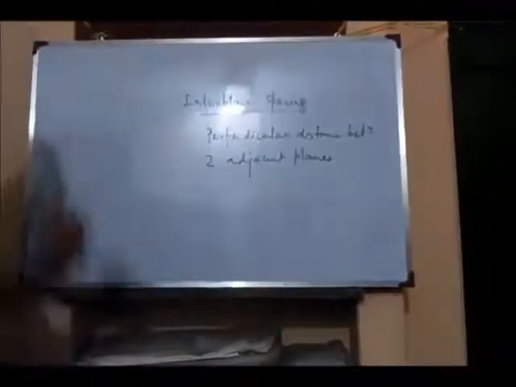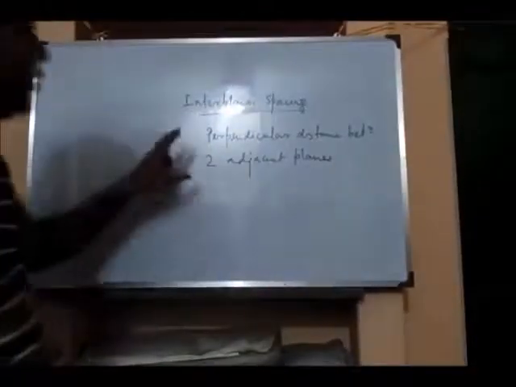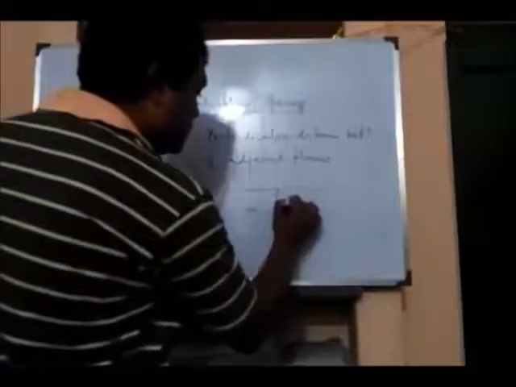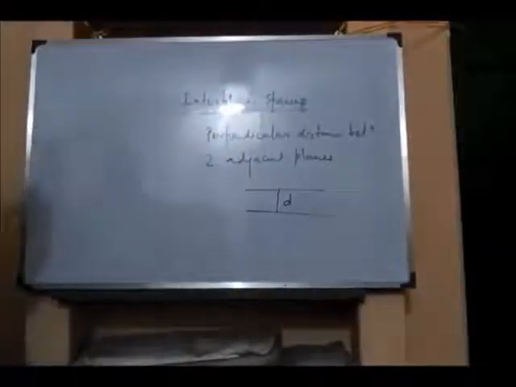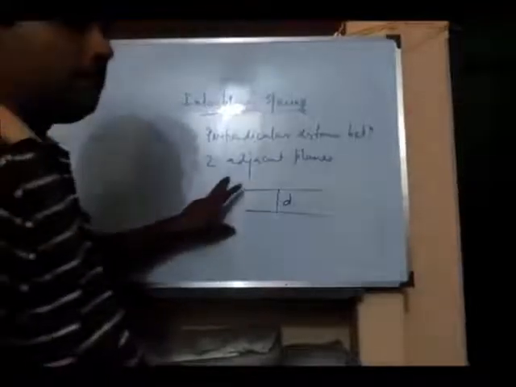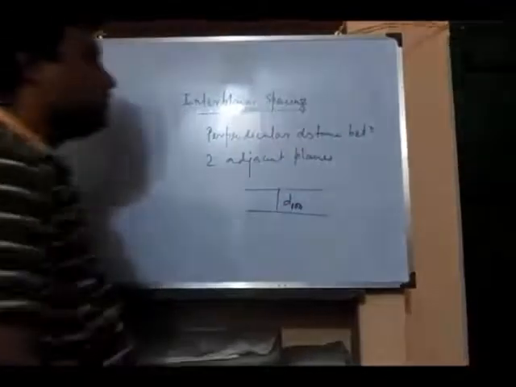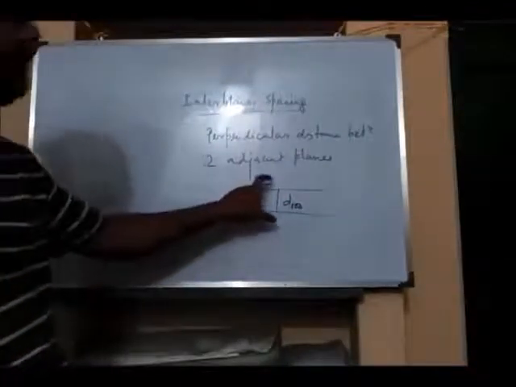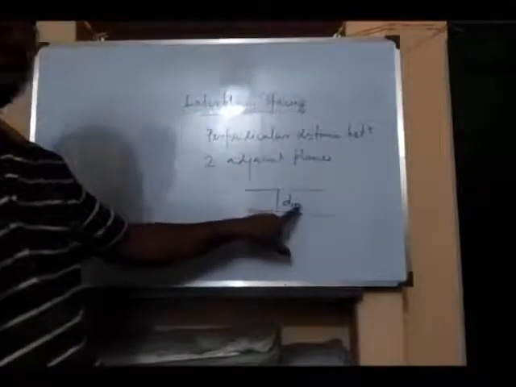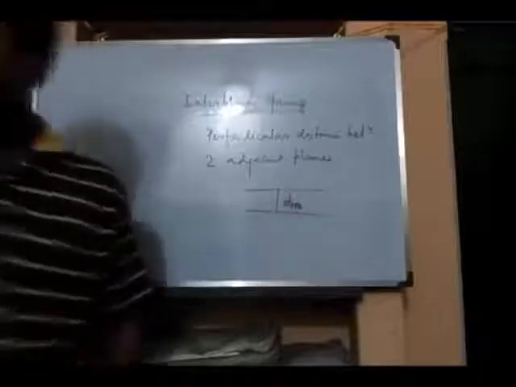So, let us assume that these are two planes. Now, this distance is called the interplanar spacing. Okay, so if you consider this family of planes is 1, 0, 0, now this d100 is the interplanar spacing between the family of planes 1, 0, 0, right?